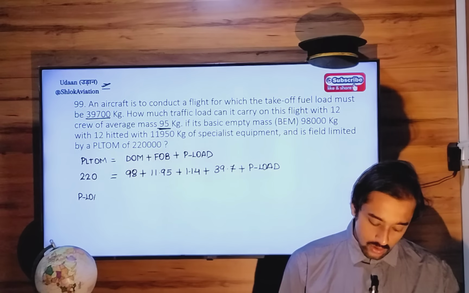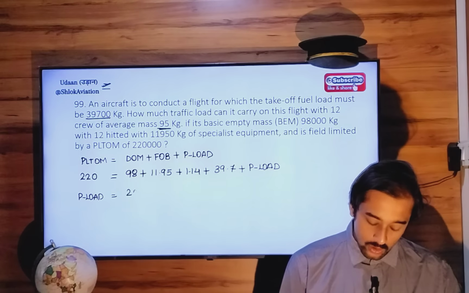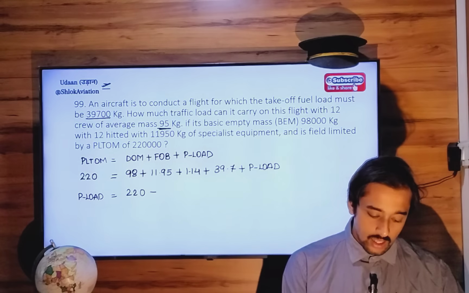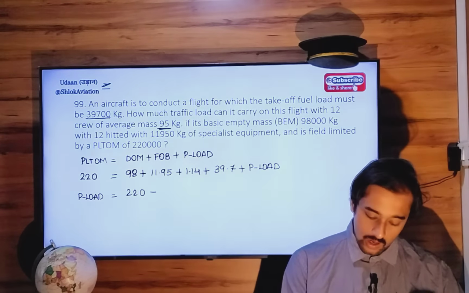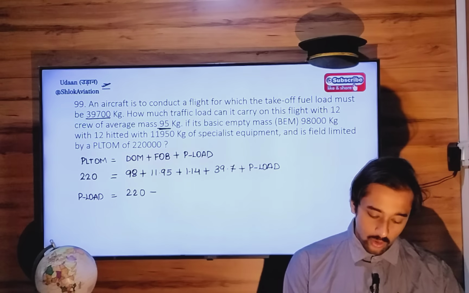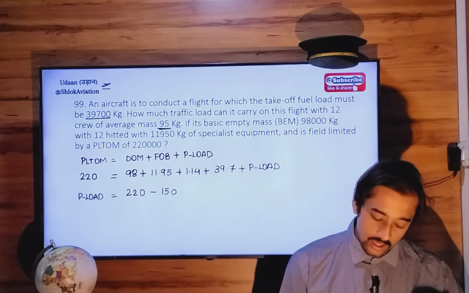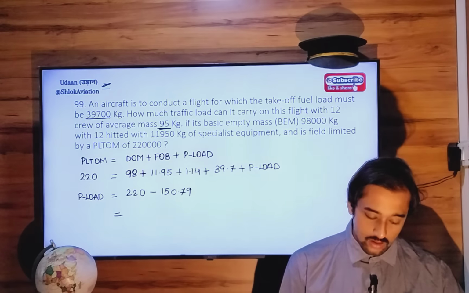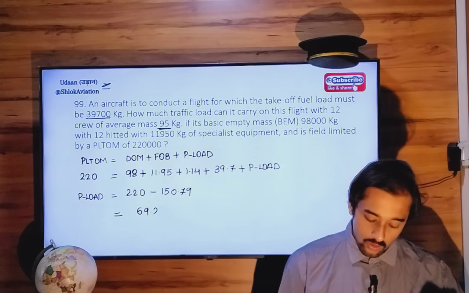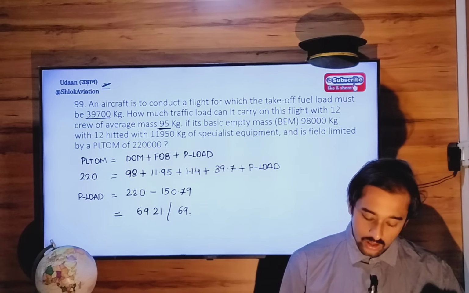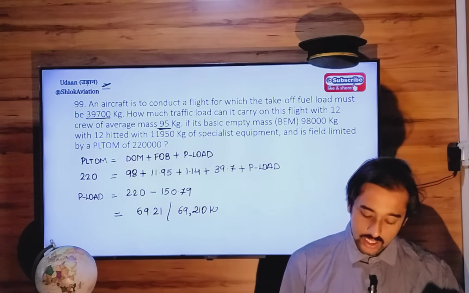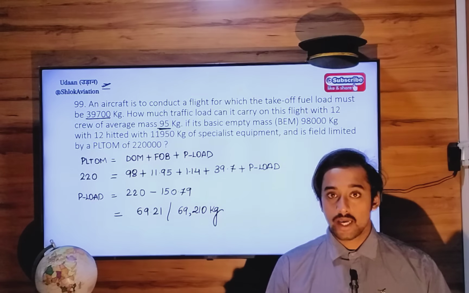Payload will be equal to 220 minus 98 plus 11.95 plus 1.14 plus 39.7, which is equal to 150.79. 220 minus that is 69.21, or 69,210 kg.